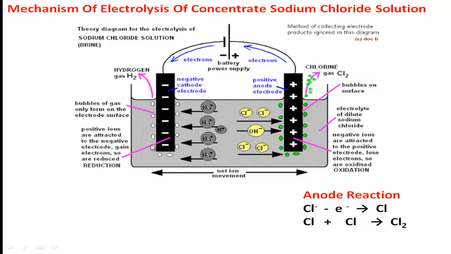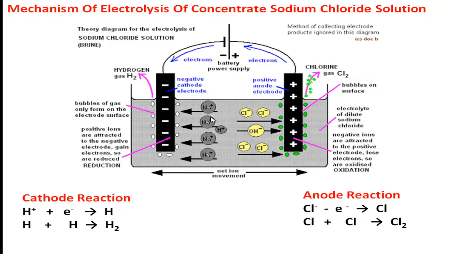And in the cathode we will see hydrogen ion accept an electron and convert into a hydrogen atom, and two hydrogen atoms produce hydrogen gas. So through the electrolysis of concentrated sodium chloride solution, finally in the anode we get chlorine gas, and in the cathode we get hydrogen gas.